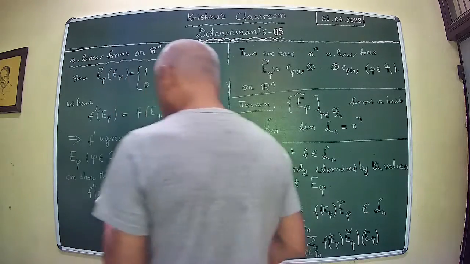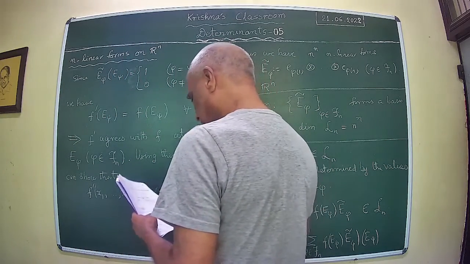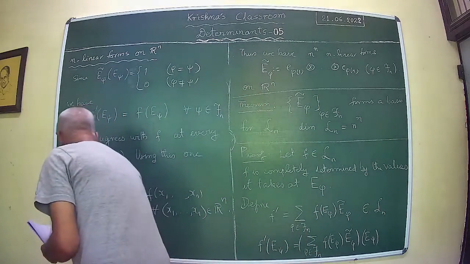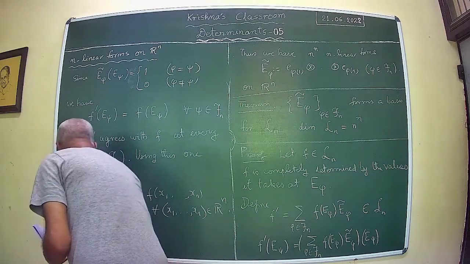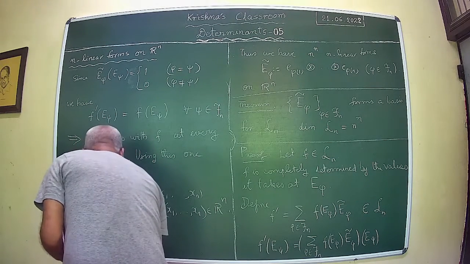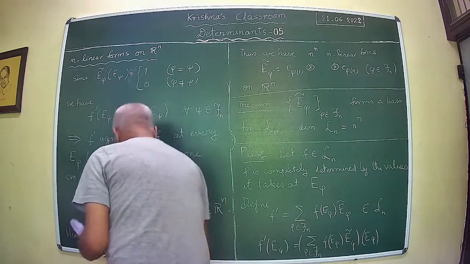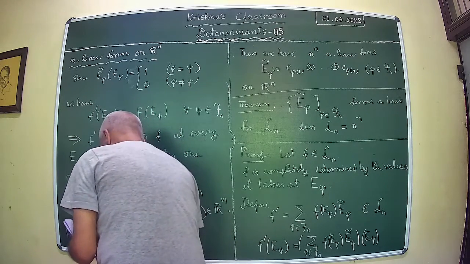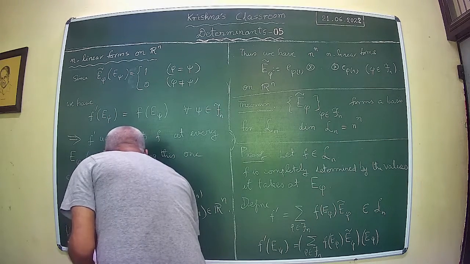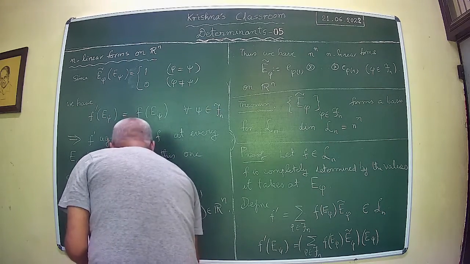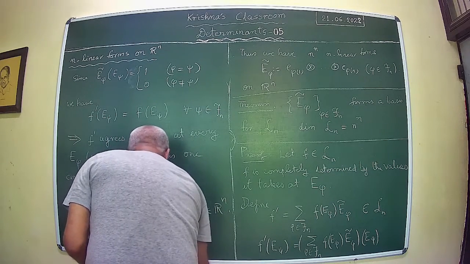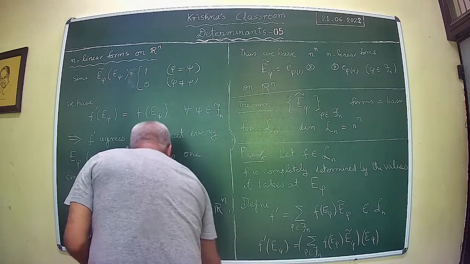Okay, therefore we end up with the following representation, namely that f is equal to the sum of f of E phi times E phi tilde.